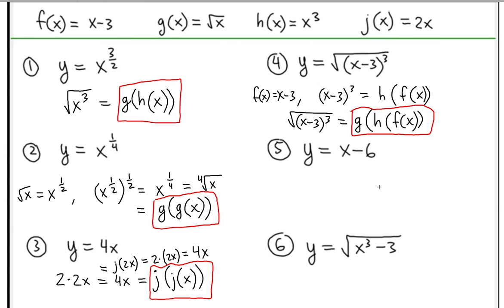Now the next example is x minus 6. Okay, now this might be a little tricky. You might experiment with several options. You could try to do, let's say, twice the function of x.